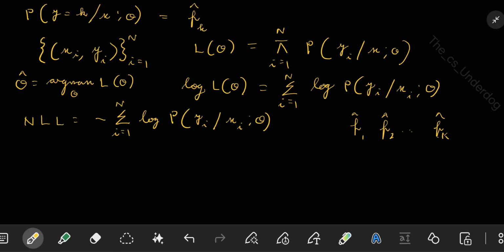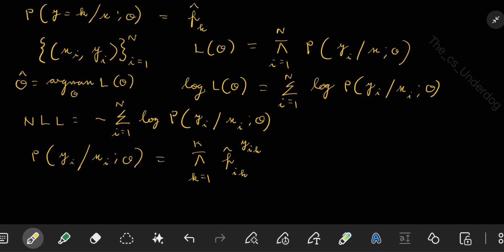So this probability, that is p of yi given xi theta, can be written as product of k is equal to 1 to k pik cap raised to yik. What does this mean? Just think about this mathematically.